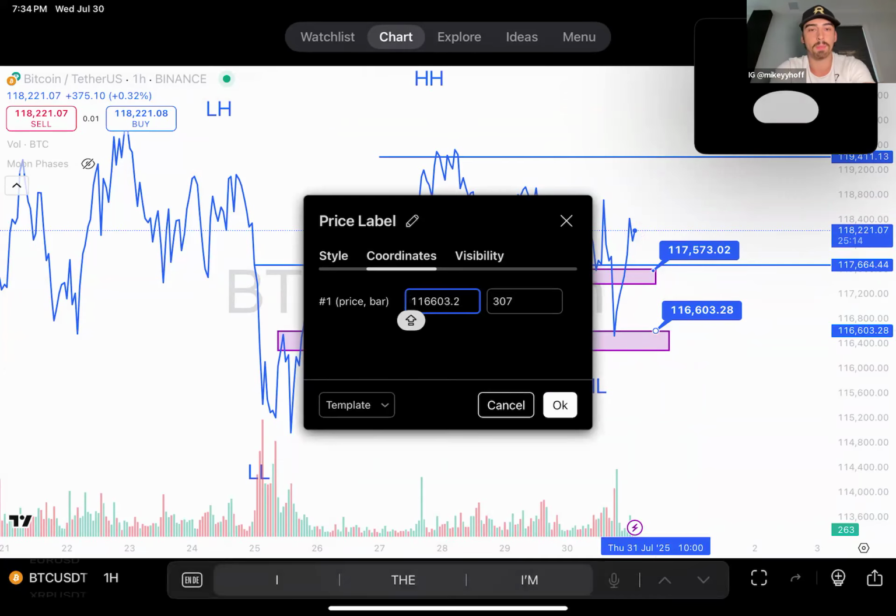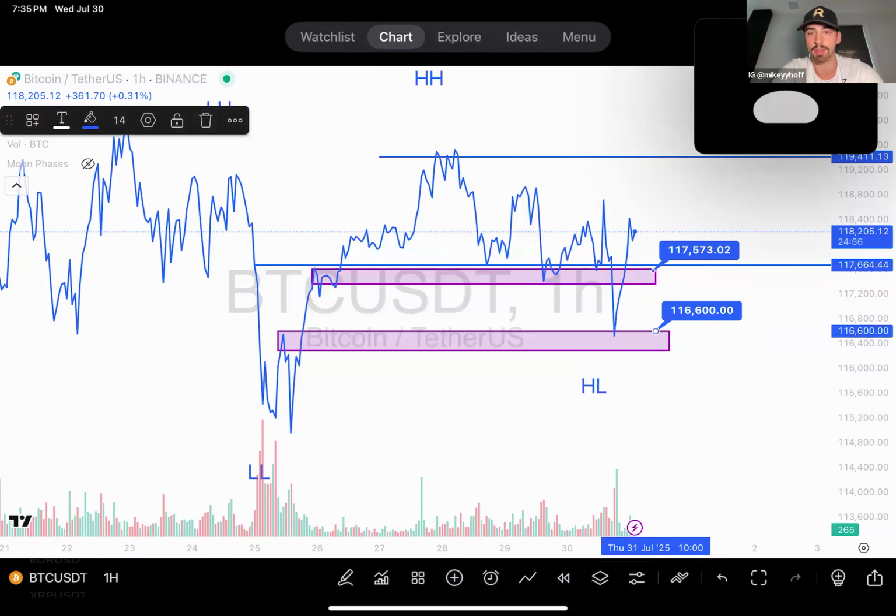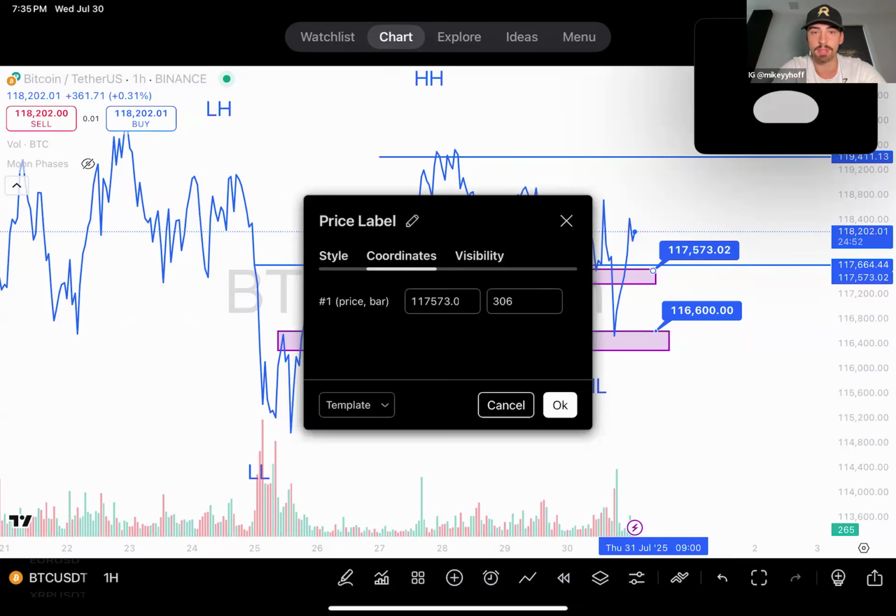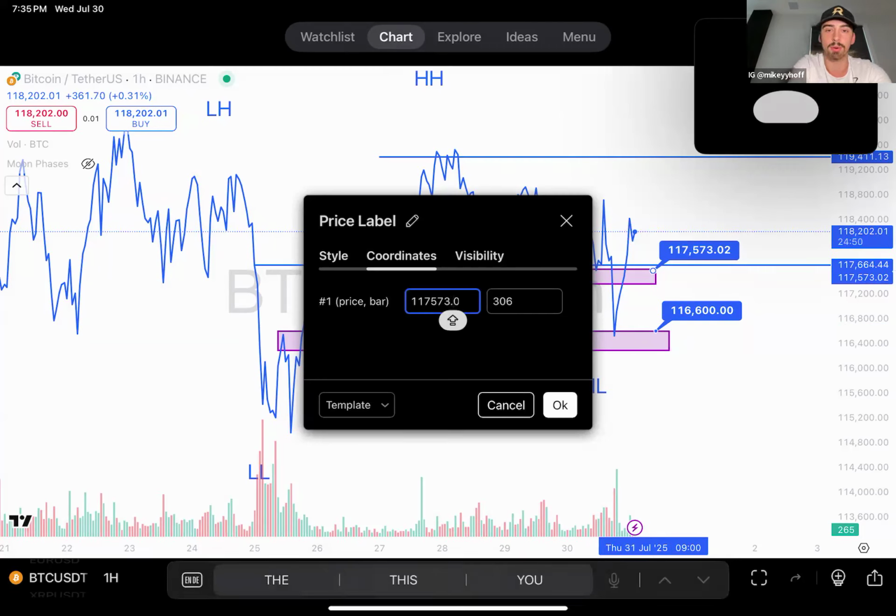You want to put these price labels, right, at the quarter level theory, which is 25 or 0, 25, 50, 75, right? In this case, closest to 116,603 would be 116,600, right? And then in this case, for the other one, 117,073.02. We're just going to change that to 75, right?